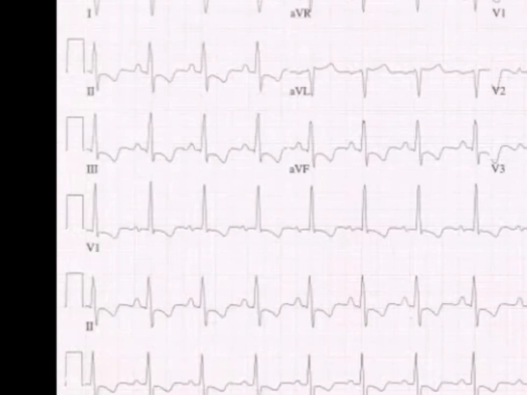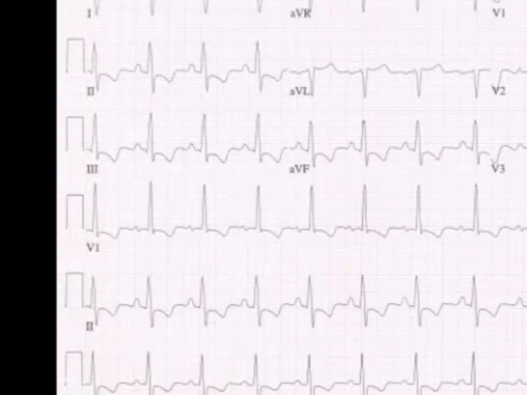Any other condition where you can get right axis deviation? Ebstein's anomaly. CCTGA with VSD and PS, sir. No, then again it is RVH. You can have right axis deviation when there's a left posterior fascicular block. But then there won't be any evidence of right ventricular hypertrophy. In Ebstein's, it may not be right axis deviation.